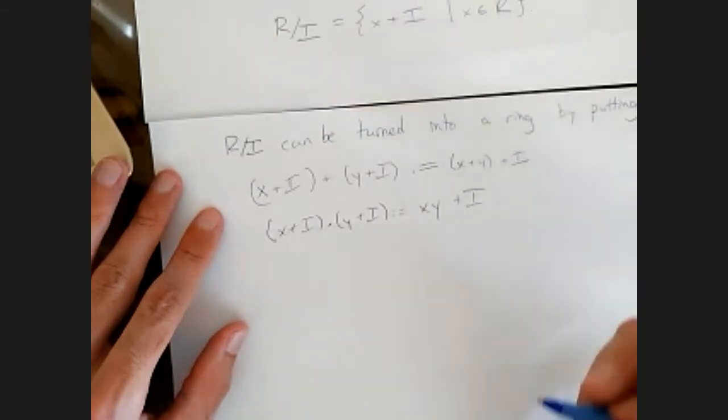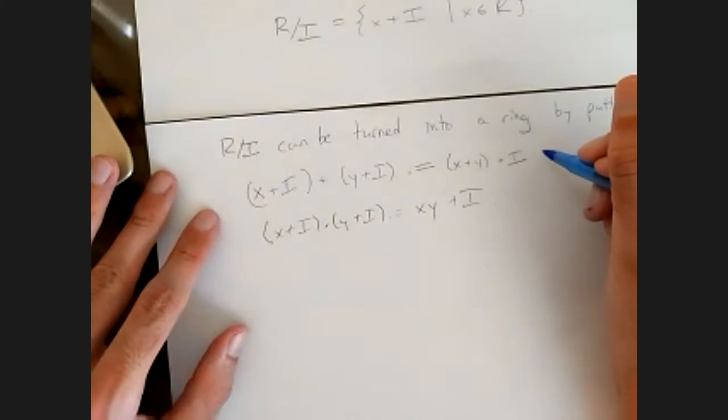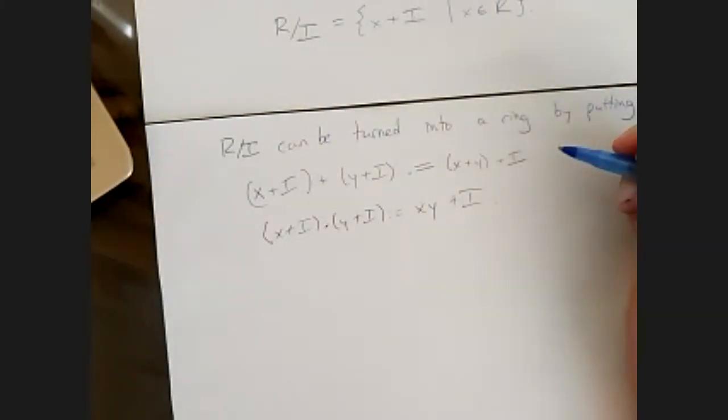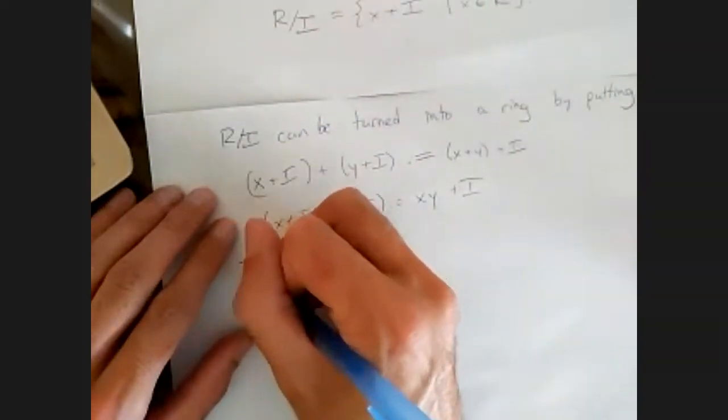I believe in Math 2272, you would have proved that if I is an ideal, the operations on R mod I are well defined. The proof just uses the basic properties that define an ideal. For example, let's do this exercise.